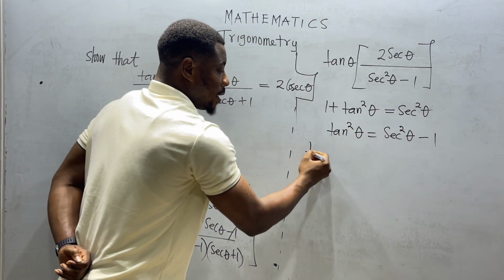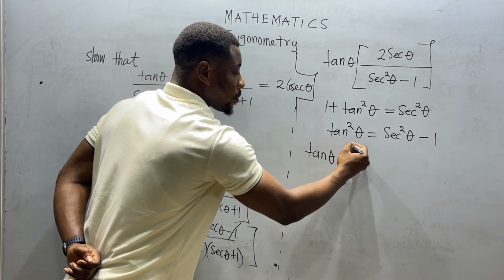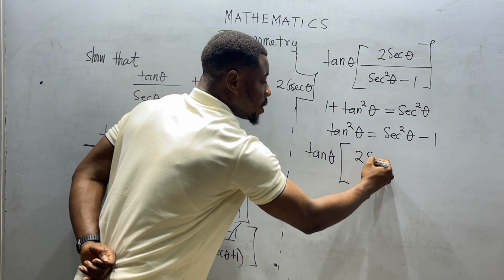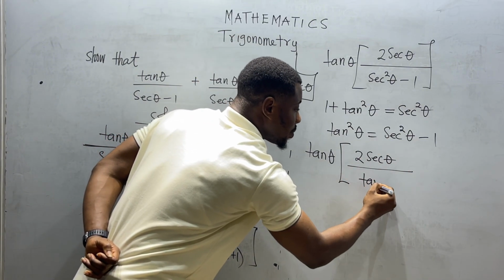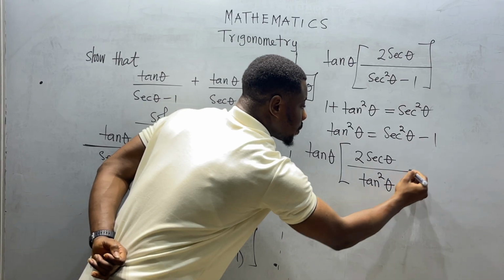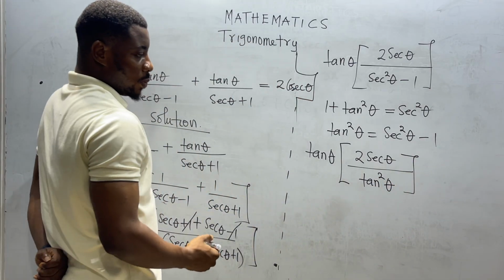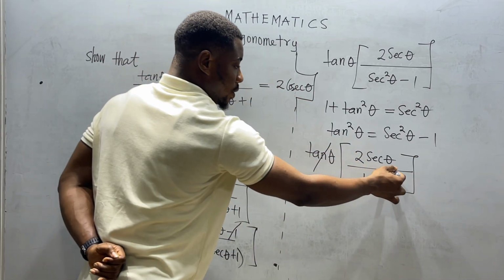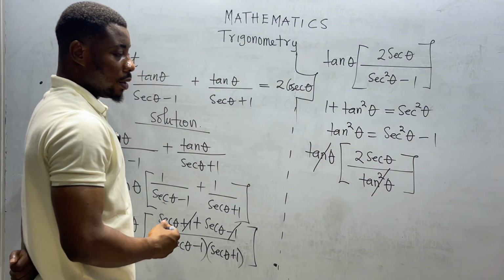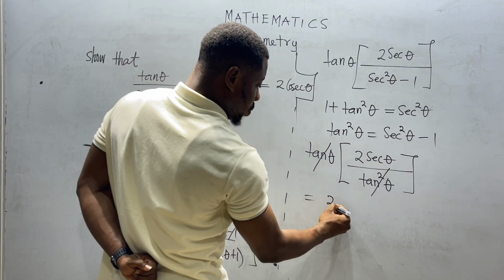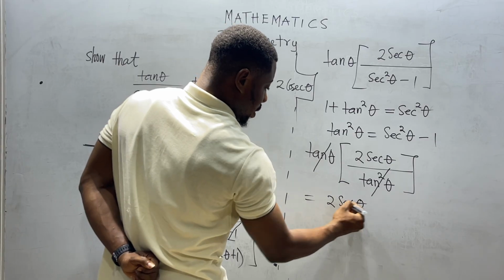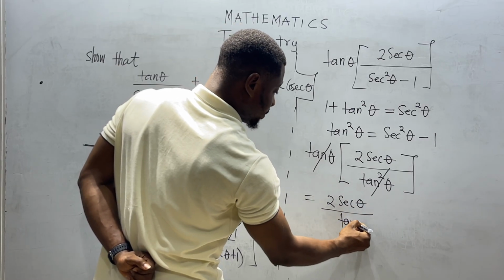So I can have tan theta times 2 sec theta divided by tan squared theta. At this point, one tan will go out, we cancel one tan. Then we'll be left with 2 sec theta divided by tan theta.